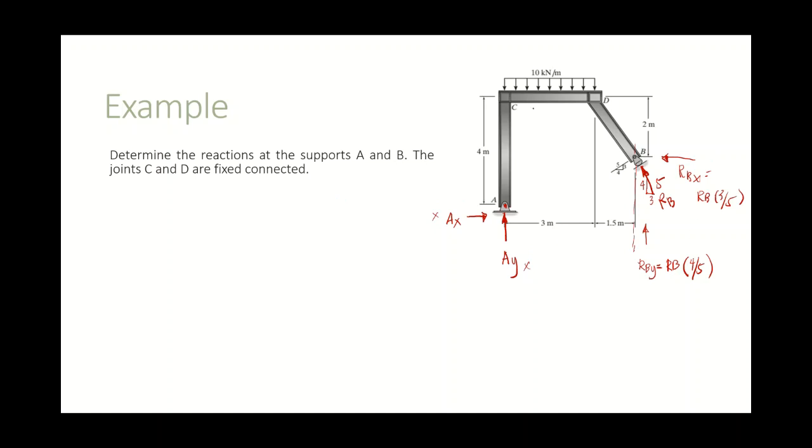So, we can solve it. Let's say summation of moment A equal to 0. Positive clockwise. So, we have the 10. Convert it into a concentrated load. This is 10 times 3, so 30. Moment arm is 1.5. So, we have 30.